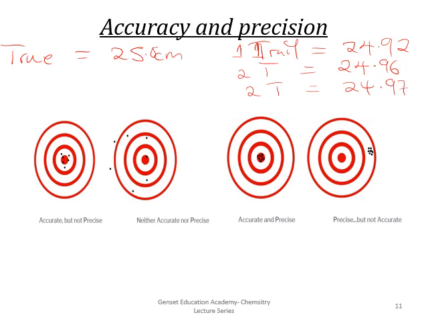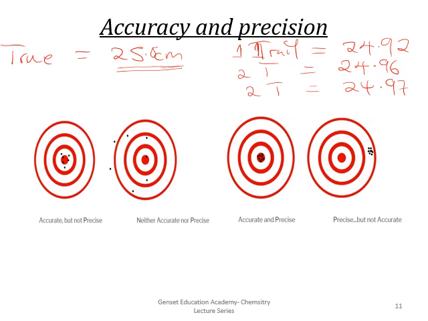And maybe 24.97. Because these are so close to 25, these measurements are accurate. Then when you look at these measurements, they are also close to each other, so these measurements are also precise, right?